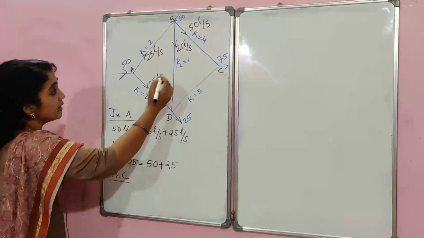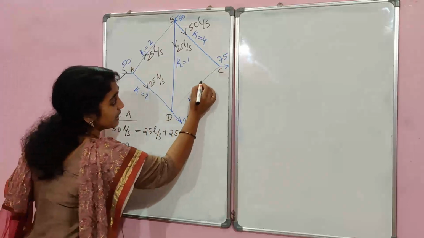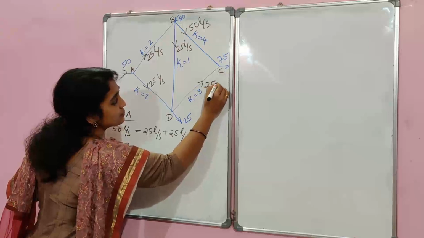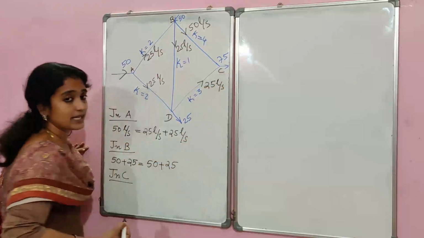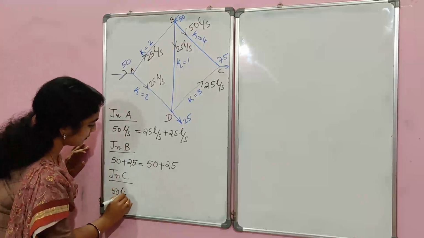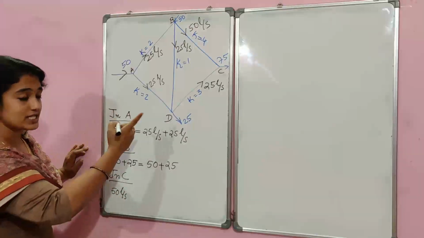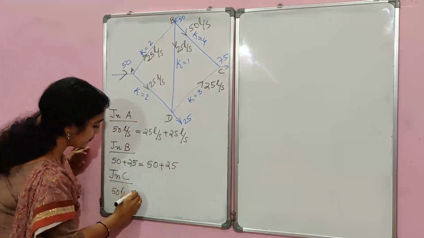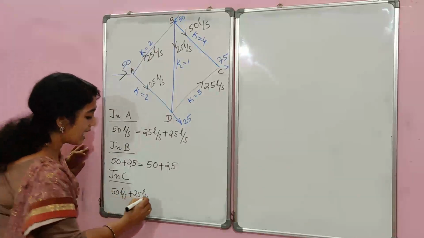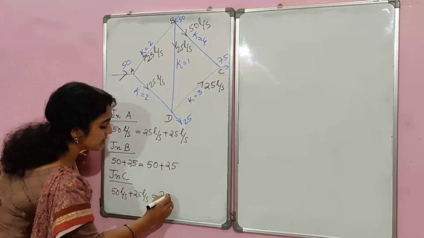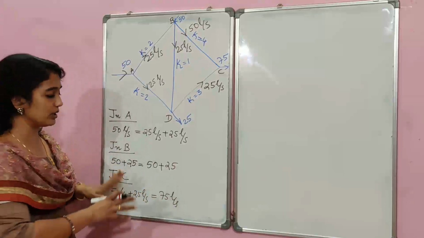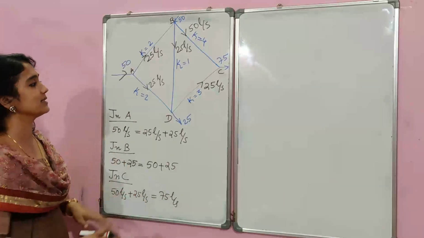So we can assume that the flow should be 25 liters per second. That is, 50 liters per second flow is arriving at junction C, and another 25 liters per second is also arriving at junction C, and a total of 75 liters per second is leaving from that junction. So here also the rule is clear.